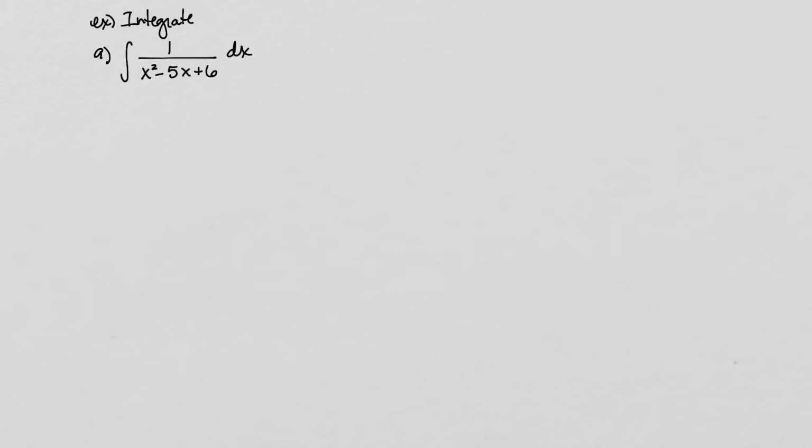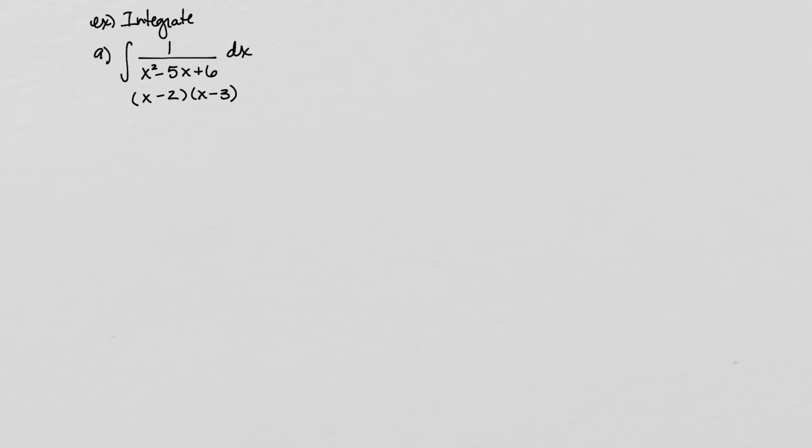So the first thing we need to do is factor that denominator. So I have x squared minus 5x plus 6. So how can I factor x squared minus 5x plus 6? So x squared minus 5x plus 6 factors into x minus 2, x minus 3.